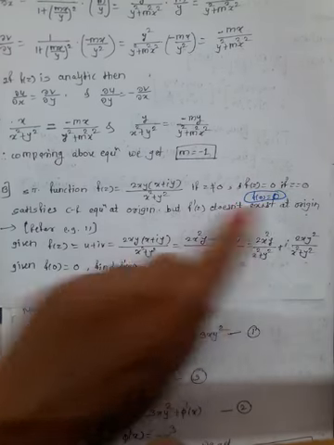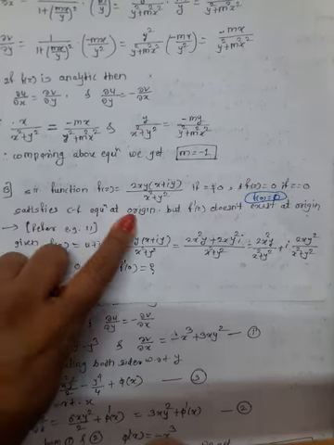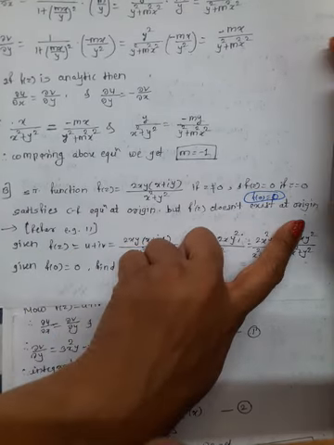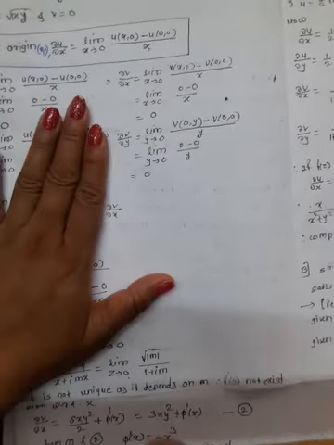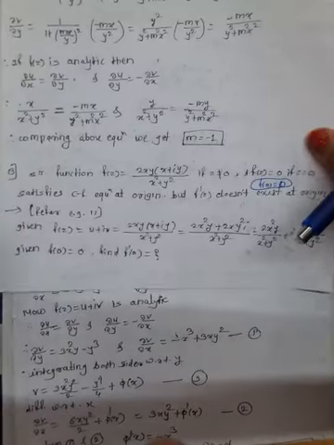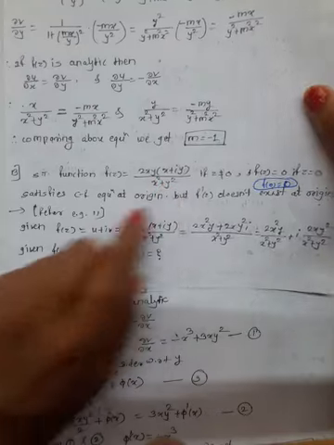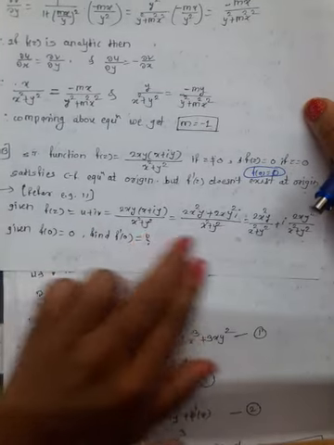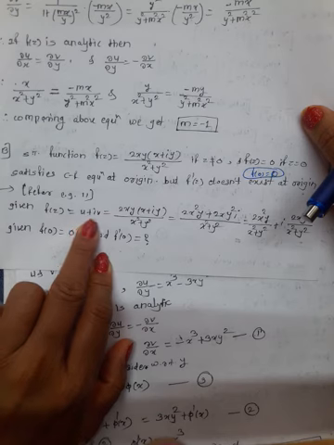Now it satisfies the CR equations at origin, but f dash z does not exist at origin. Same example like this. F of z is given in this form. This is the reference example number 11. Same formula. Now here is some hint for you. Given f of z is equal to u plus iv.